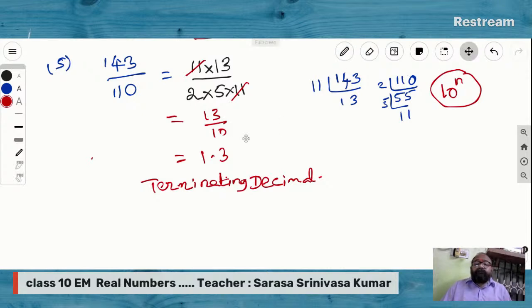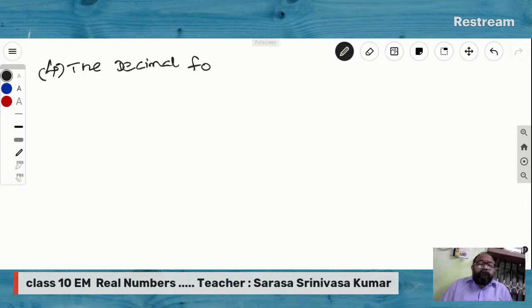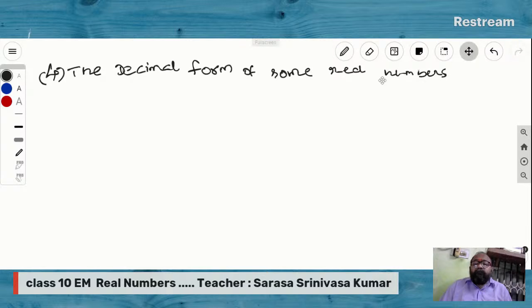Now, fourth exercise problems. Exercise 4. The decimal form of some real numbers are given below.